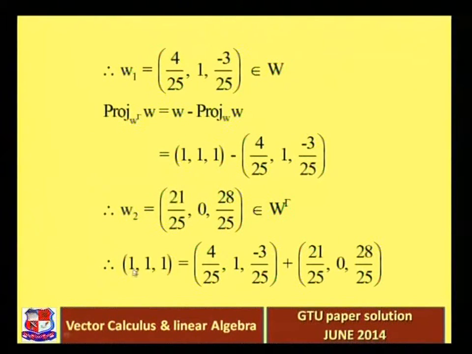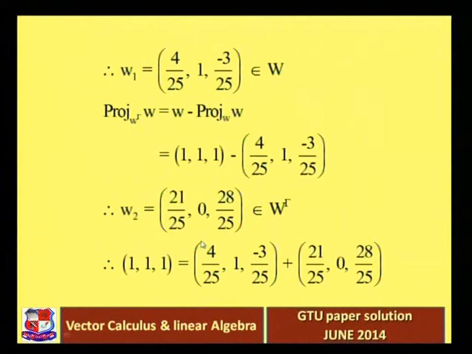So (1, 1, 1) is expressed as w1 plus w2, where w1 belongs to W and w2 belongs to the orthogonal complement of W, right? So here we complete question number 1.